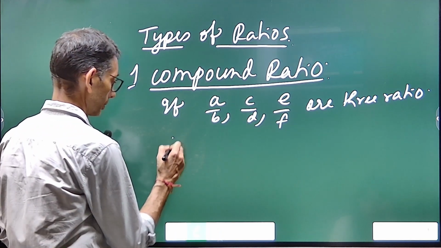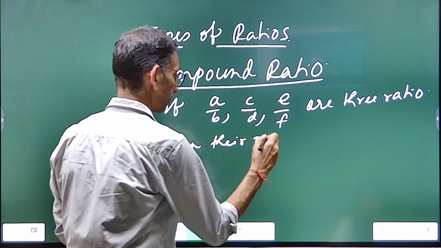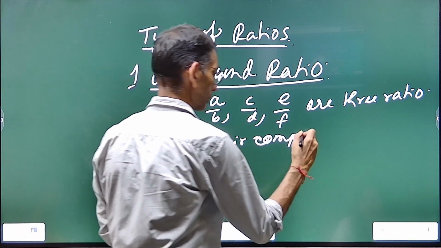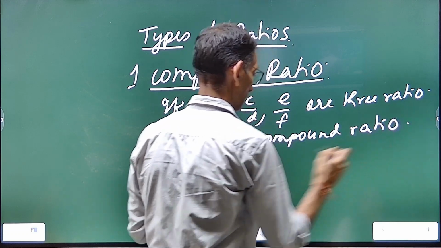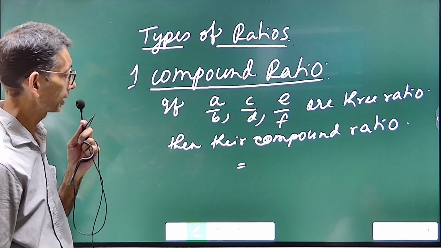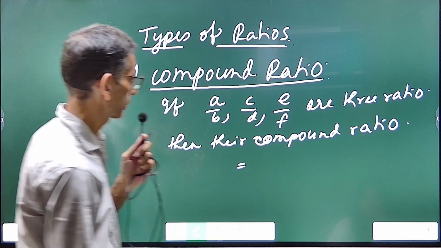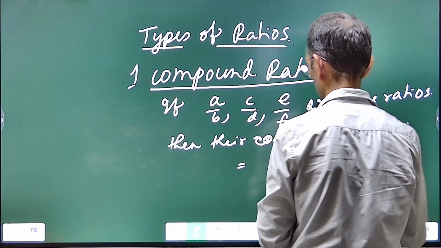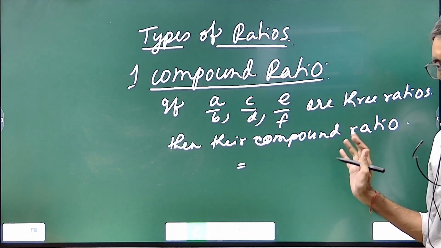Then their compound ratio is equal to... if A by B, C by D, E by F are 3 ratios, then their compound ratio. How do we get the compound ratio? Just multiply. You need to multiply the ratios. What will it be?